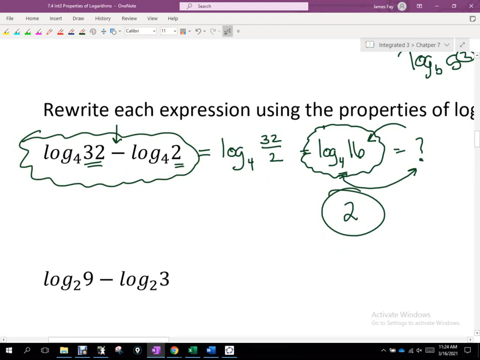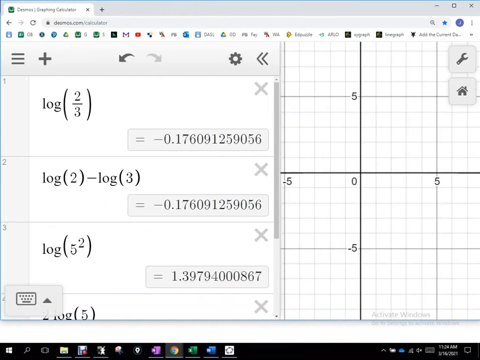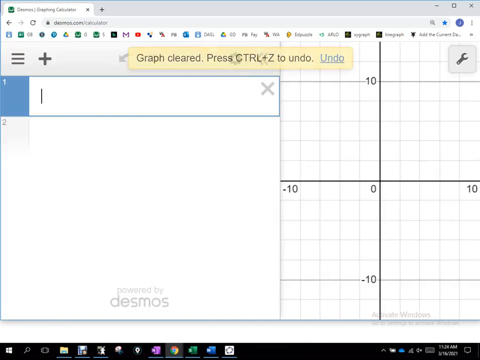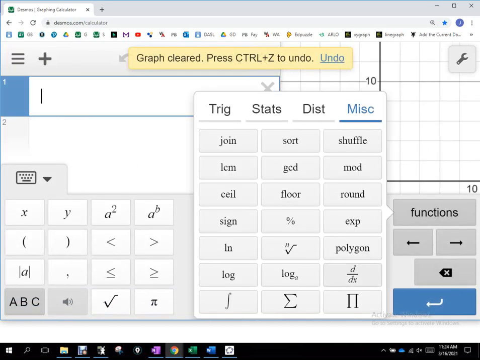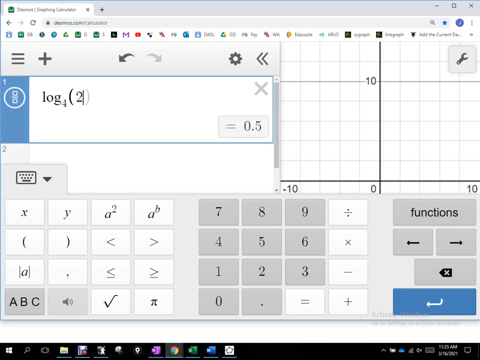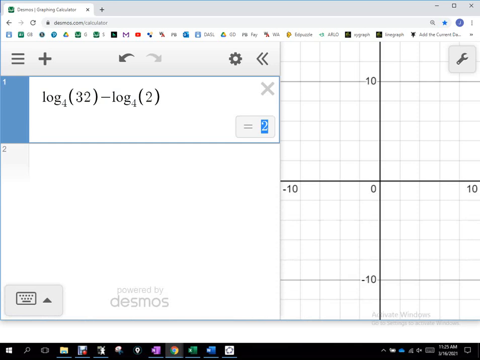And if we go into Desmos, and this is what I like to check myself with, most of your other calculators aren't going to have this ability, if we go function log, so if I go 4, this was 32, minus log base 4 of 2, do we end up with the 2 that we came up with?